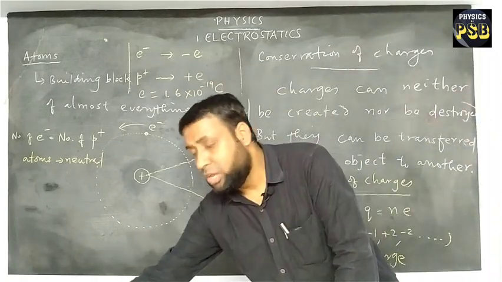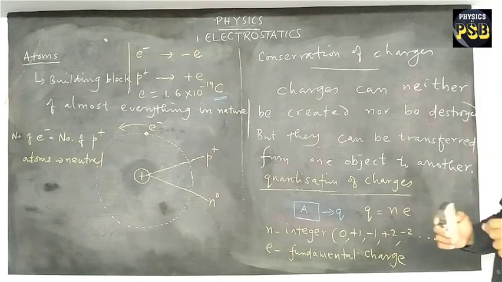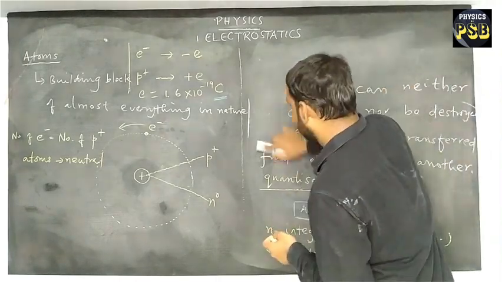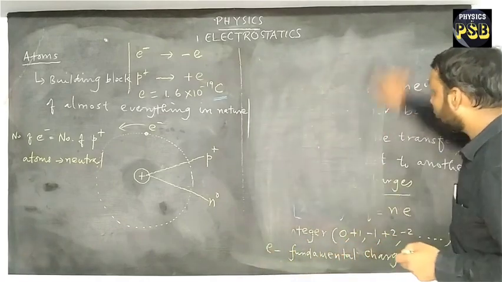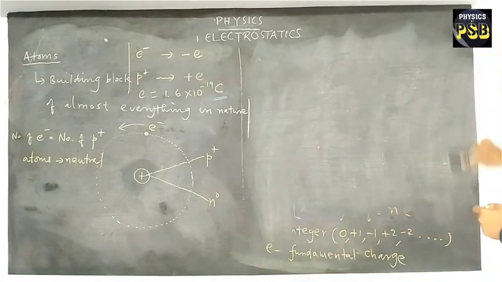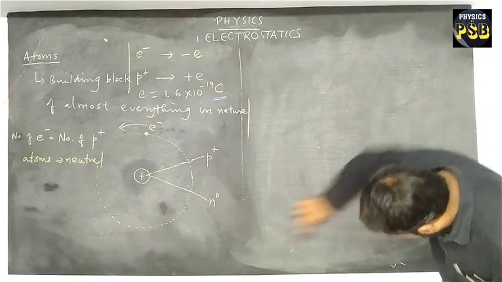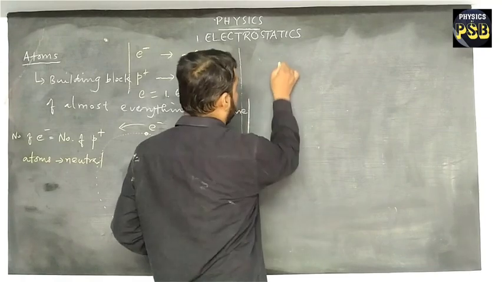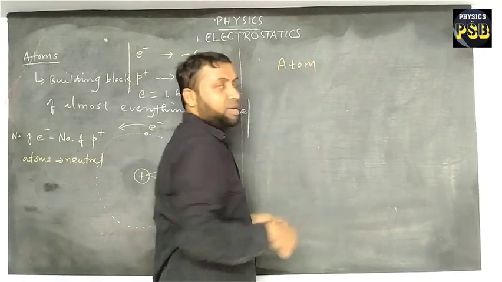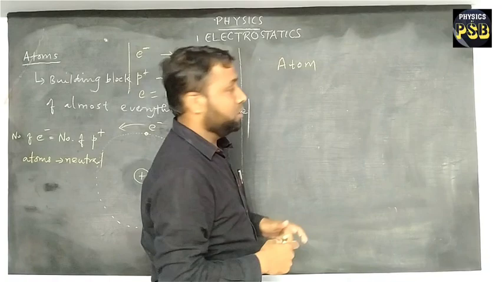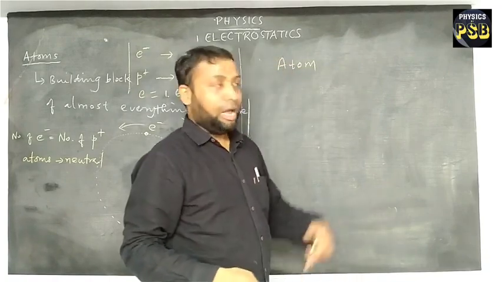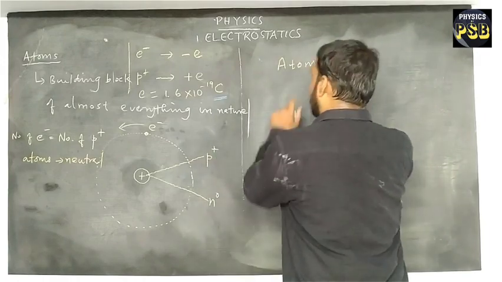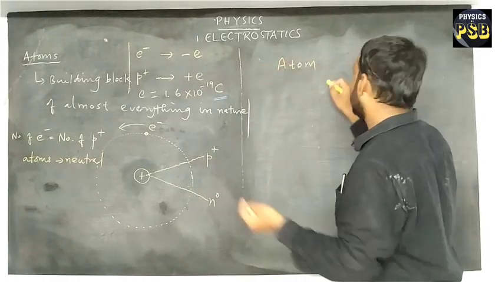Now, in some cases, when we rub one object with another object, as I have shown in the experiment, the transfer of electrons takes place from one object to another. Suppose I take one object. The object consists of a large number of atoms. When it is rubbed with another object, suppose the first object loses electrons.